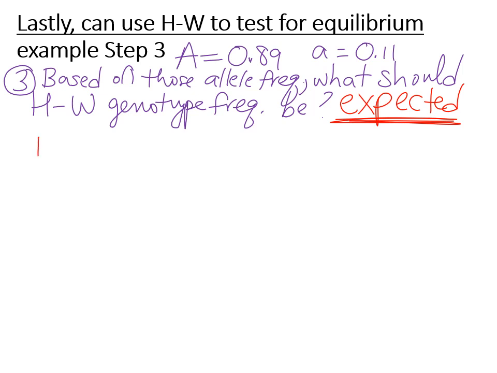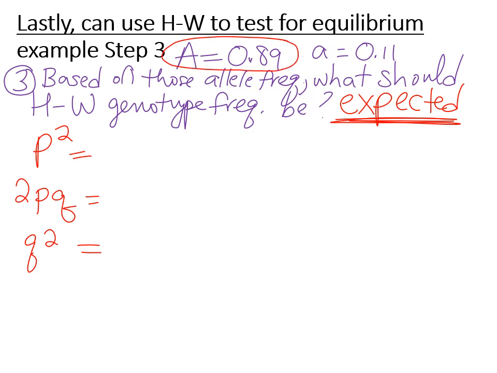And if you remember, Hardy-Weinberg said p squared, 2pq, and q squared. Okay, so p squared, 2pq, and q squared as the 3 genotypes. So now p squared, what's p squared? That's our first allele squared, right?